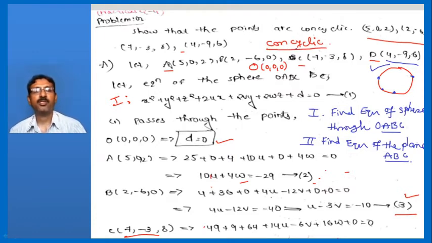These 4 points A, B, C, D are concyclic, meaning that the points lie on a circle.